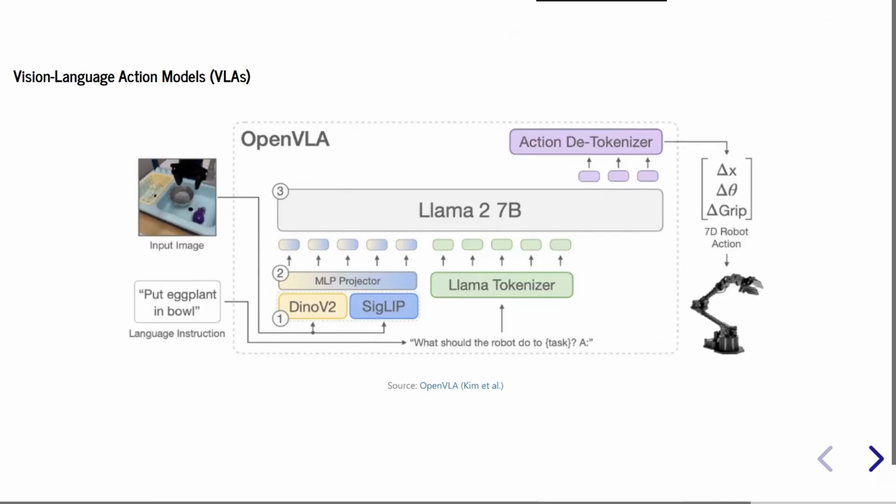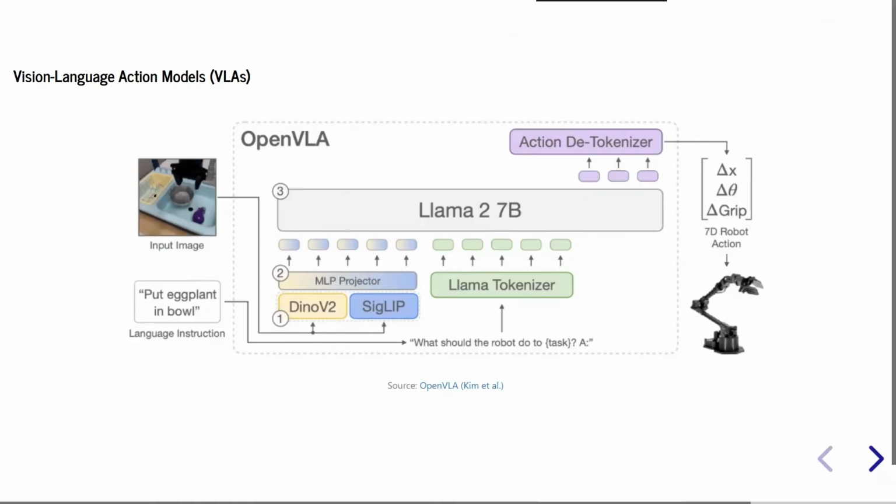We pre-process the input images as we saw before, and once we have the vector embeddings, we can pass them to an MLP projector and project these embeddings into the same space as the text token embeddings. Then once we have this very long sequence of image and text tokens, we can input it into the pre-trained language model, so the pre-trained text transformer.